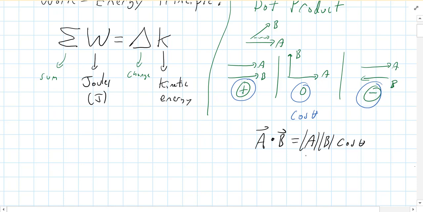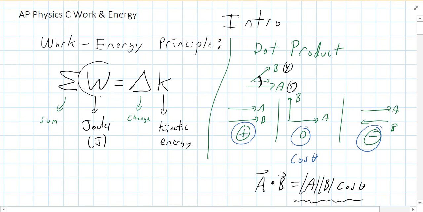Okay. Now, for now, we're just going to use the right-hand side of this. So if I told you that A was 5 units long and B was 4 units long and this angle were 30 degrees, you would take 4 times 5 times cosine of 30, and that would be your dot product. Okay. Now, why do I bring that up? Well, to calculate work done by forces.